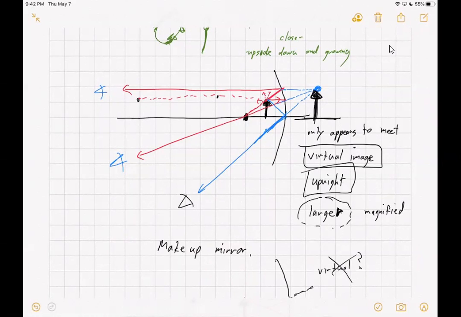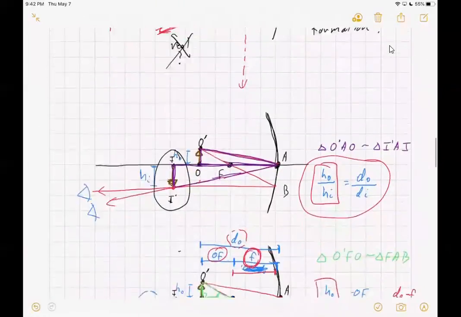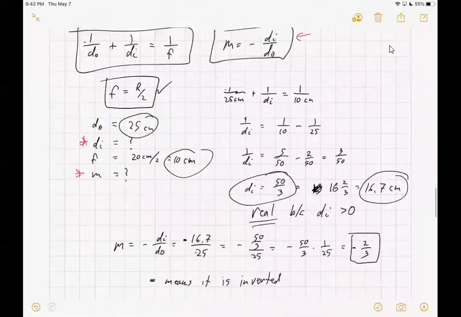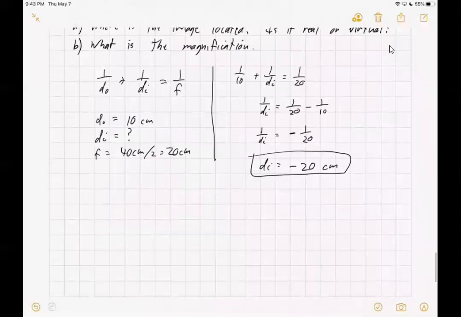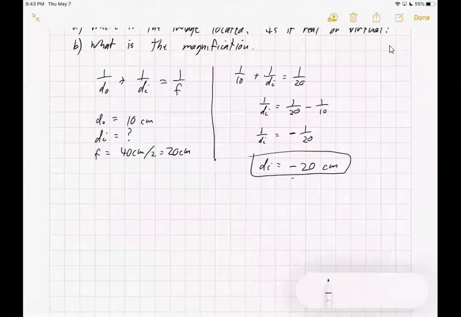So that's what a virtual image looks like, and that's what a negative image length means. The negative image length means we will have that image showing up on the opposite side of the mirror. Let me include that, I'll go with blue here.